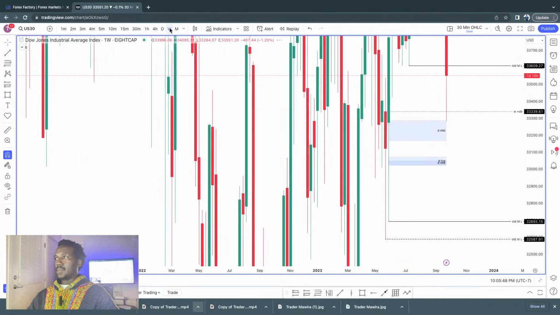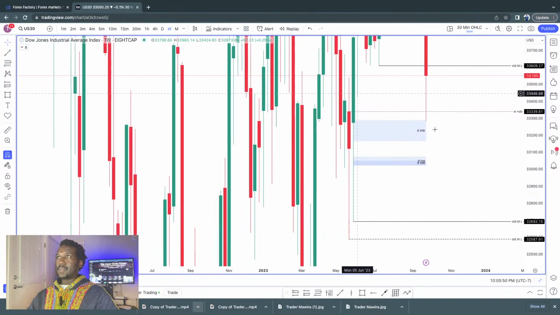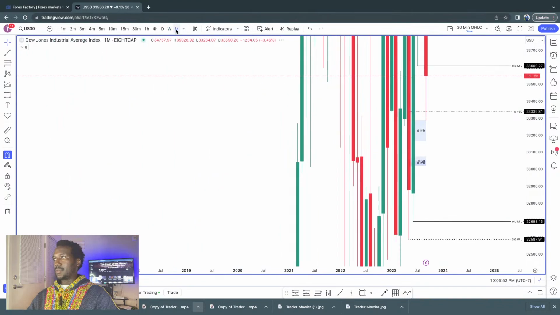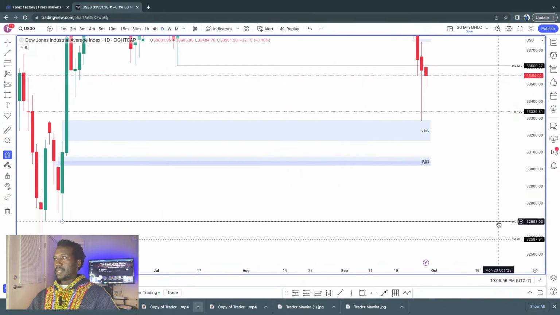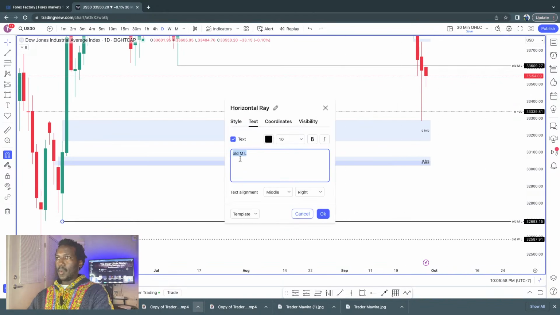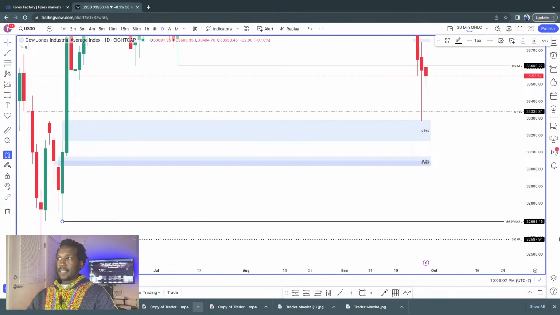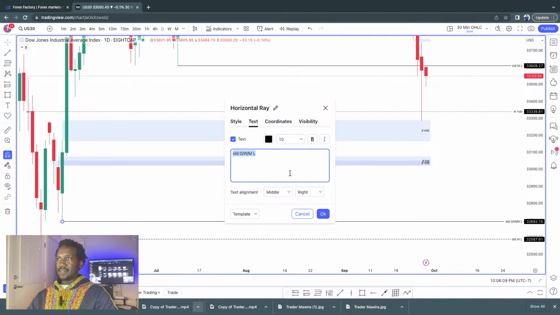And was it also an old weekly low? Yep, it's also an old weekly low. So I'm going to be updating this, so it is an old daily, weekly, and monthly low. That's how I like to do it, and I think I can just do it like, oh, I don't need that.